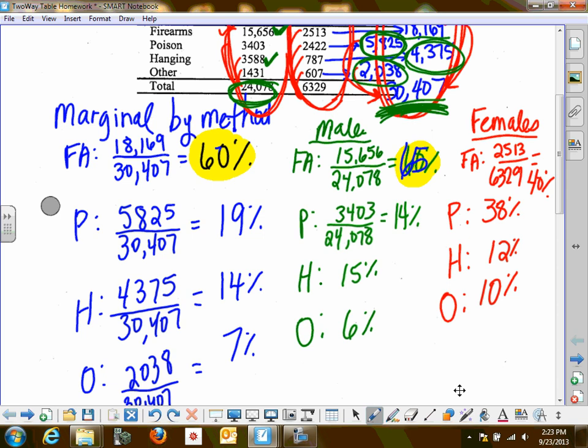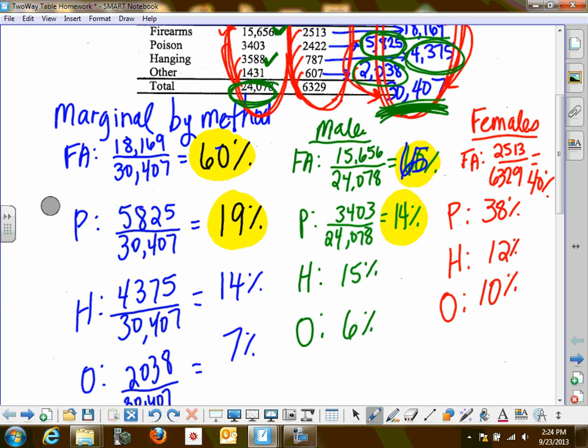So let's say we're comparing this 14%. What am I comparing that 14% to? Okay, that's 19%. So what statement would you say when you're comparing this 14% conditional for males to the overall 19%? Say it. Correct. Good. Males are using the poison method at a lower rate than the poison method is used overall.